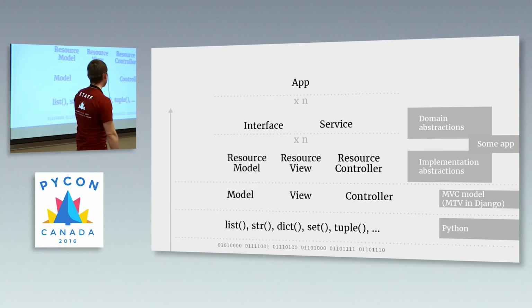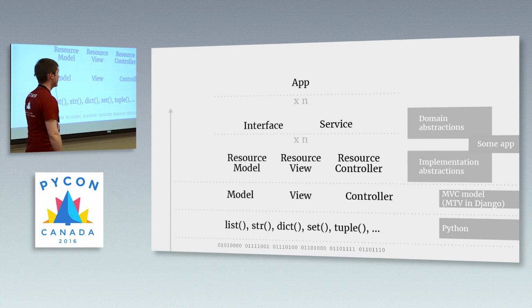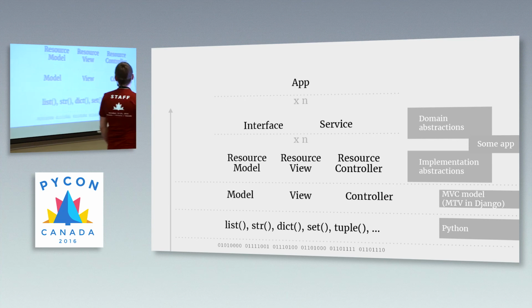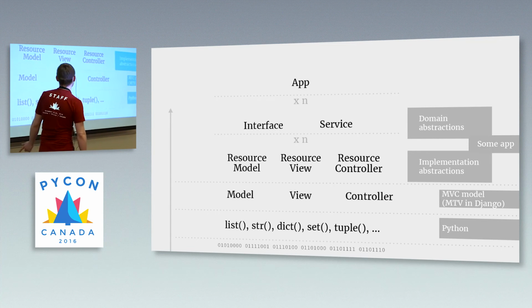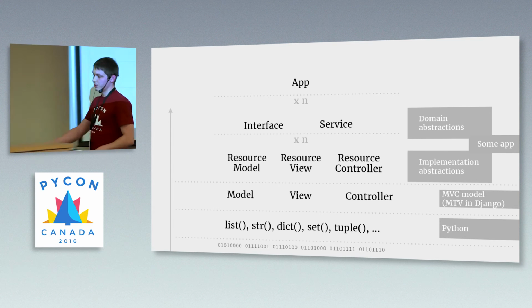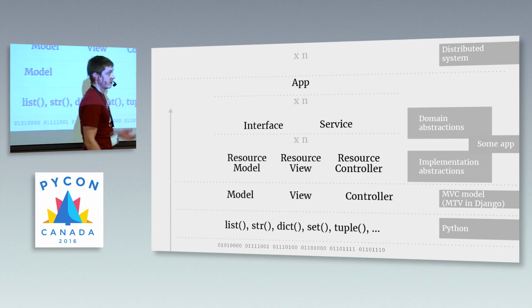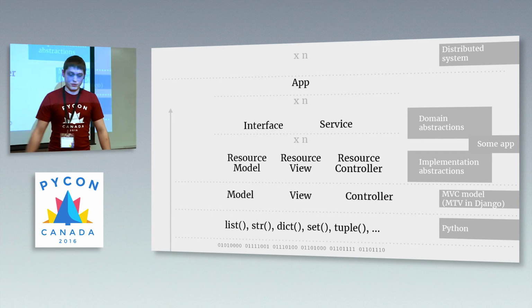So we might wrap this in an interface or a service or both, and this would be another level of abstraction. So this is more complex. And then if you want to scale it more, you multiply it by n, and you have your distributed system.